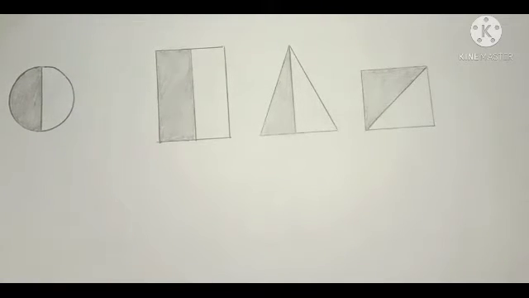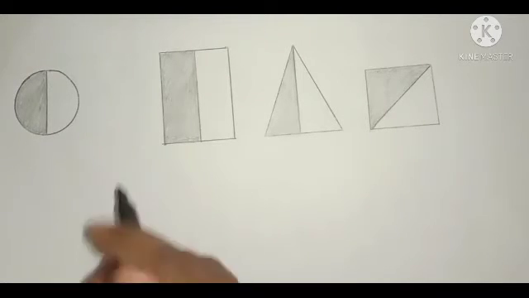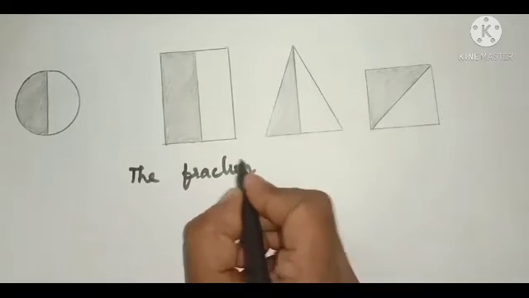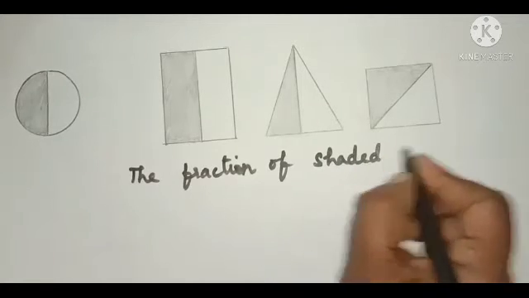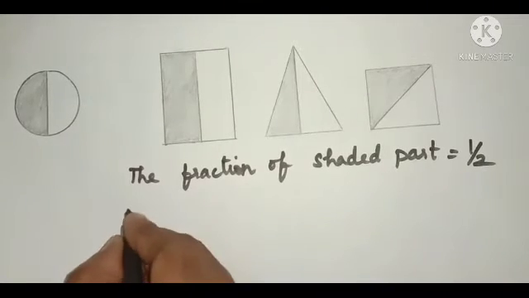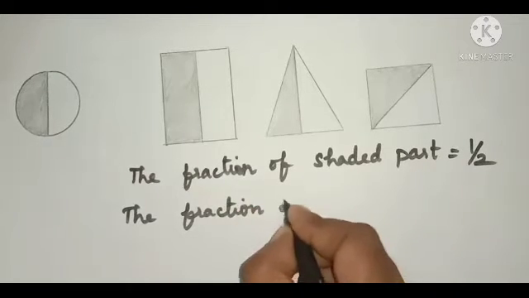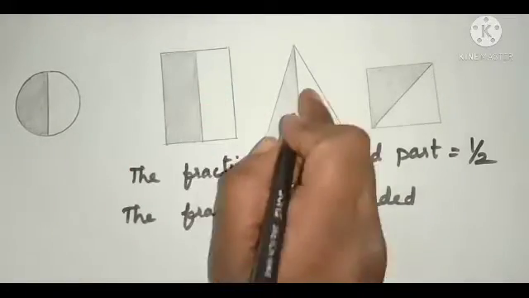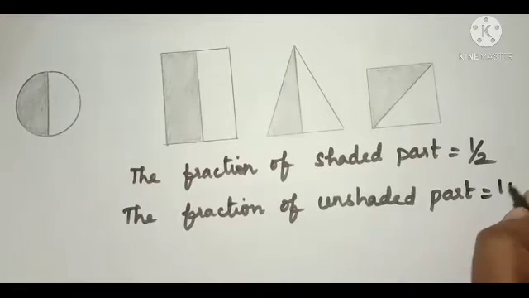And what about the fraction of the shaded portion? The fraction of the shaded part is 1/2, and also the fraction of the unshaded, not colored part is again 1/2.